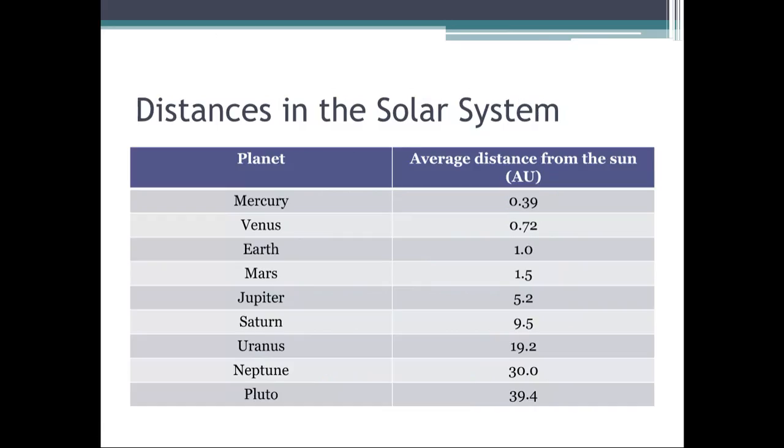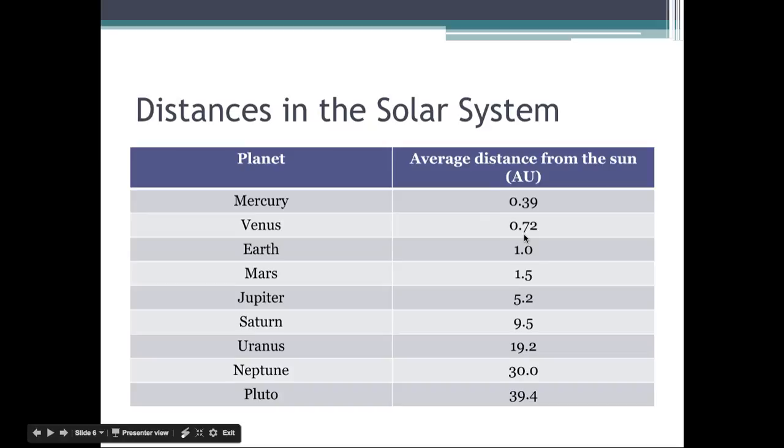All right, so here are some distances within our solar system, for instance between the different planets. Mercury and Venus are actually closer to the sun than the Earth is, so they have less than 1 AU of distance from the sun, whereas Earth has exactly 1 AU, because that's how you define an astronomical unit.